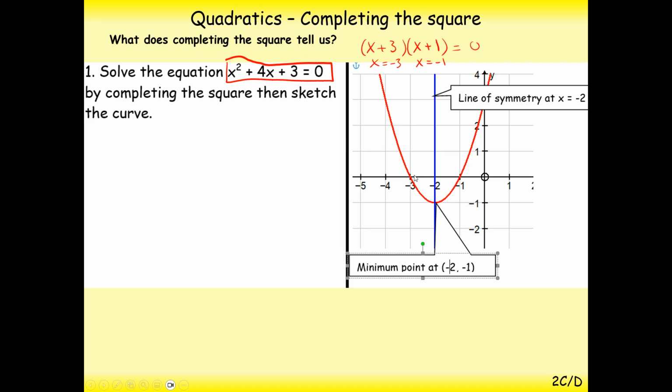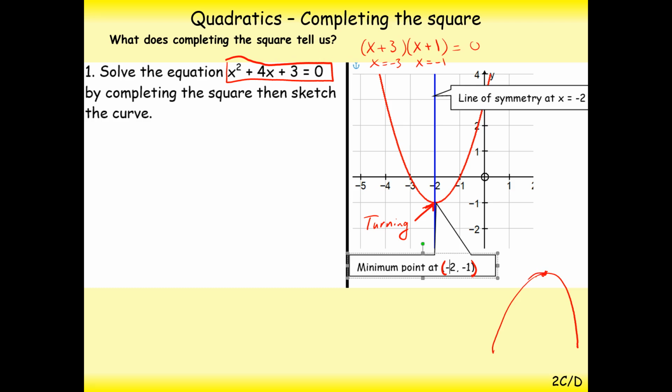After you've completed the square, the final answer will help you figure out the coordinates of the minimum point of the graph. This minimum point is also called the turning point, and in some graphs you may have an equation like so and it will have a maximum.